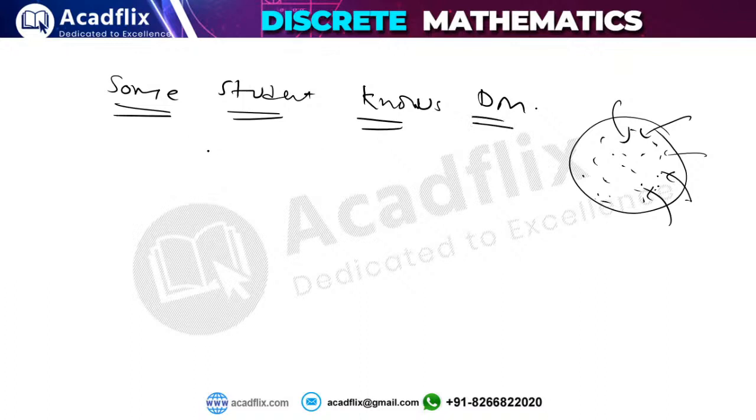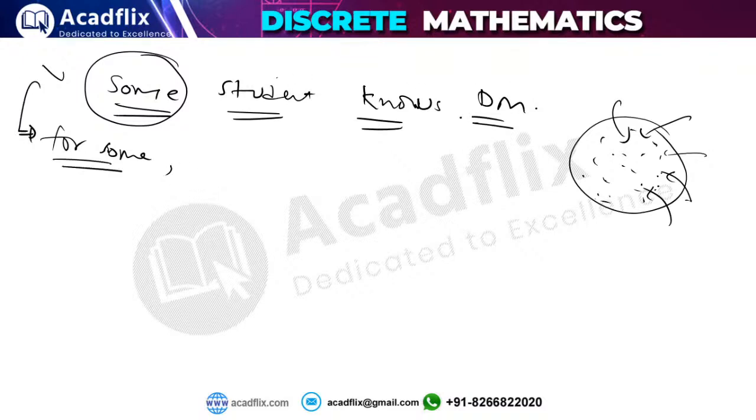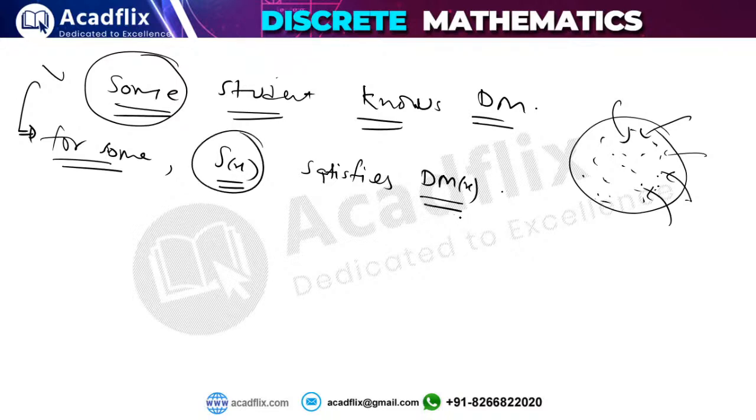How can you write this statement in first order logic? This statement is basically saying: for some student knows discrete mathematics. I am converting this statement into our setting. Sx means x is a student, and DMx means x knows discrete mathematics.